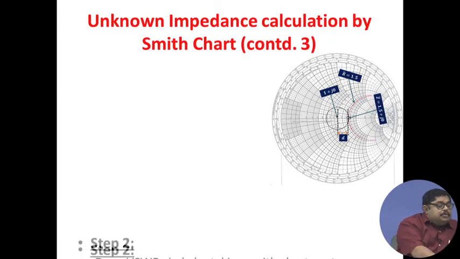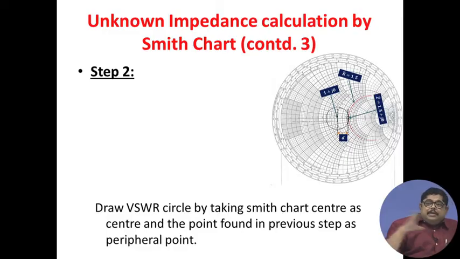So, let us come back. We have done the first step, we have located the point. Now, I know the center, I have located this point, I can draw this circle, this is the constant VSWR circle. So, the second step is to draw the VSWR circle by taking the Smith chart center as center and the point found in the previous step as the peripheral point.